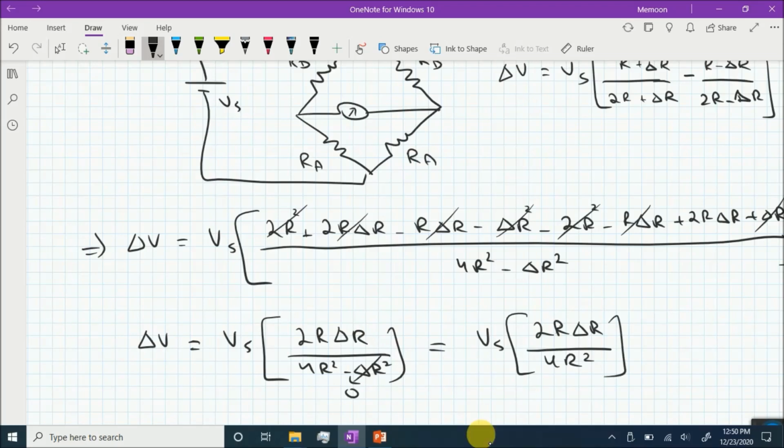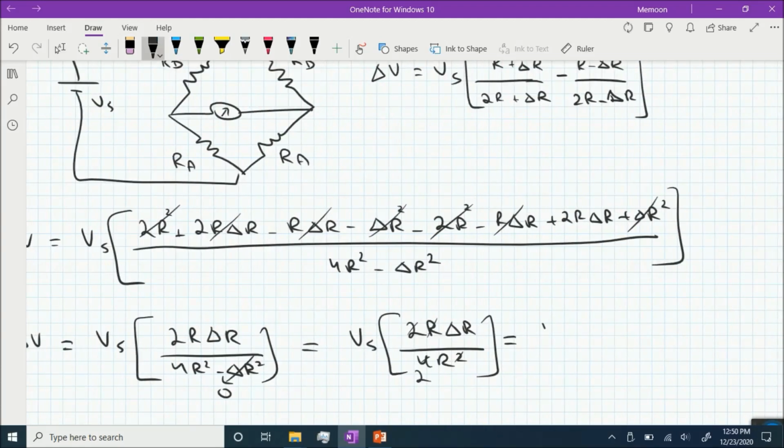And again this R is cancelled with this square and this becomes 1 over 2, so that is in return equal to Vs into delta R over 2R is equal to delta V.